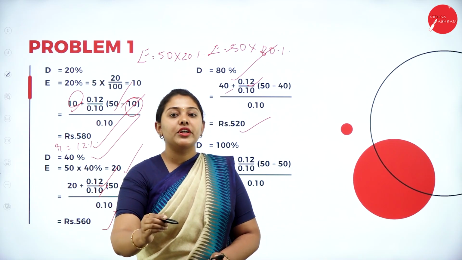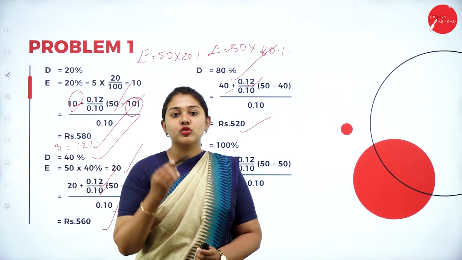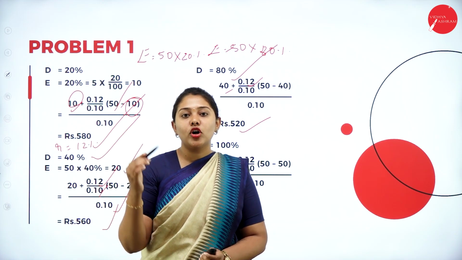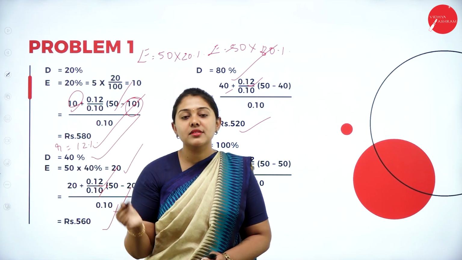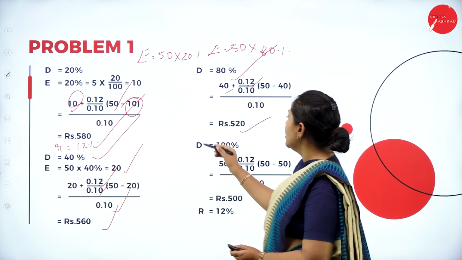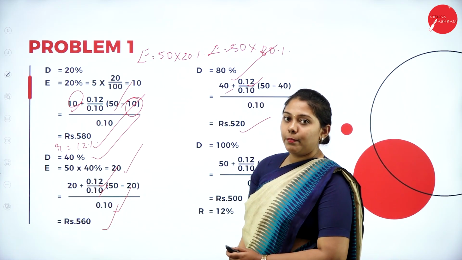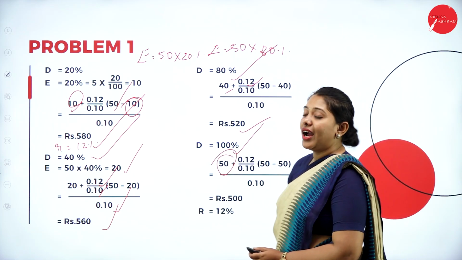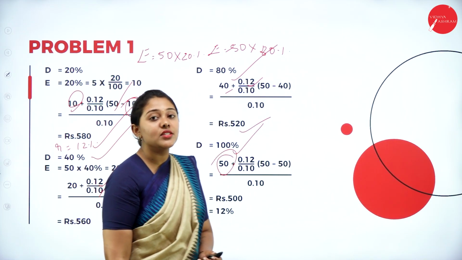So we have to calculate for everything, the rate of return as well as your dividend. So when the rate of return is 12%, dividend is calculated for 0%, 20%, 40%, 80% and 100%. So 100% dividend, the dividend per share you get is 50 rupees.